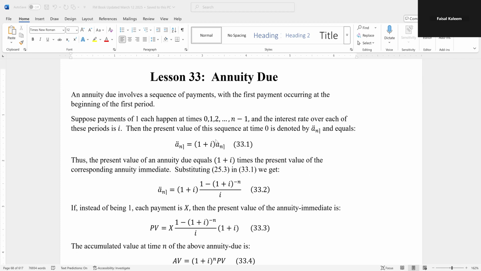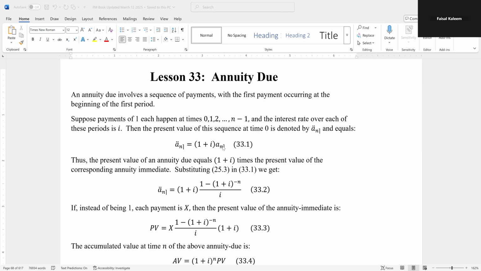Then the present value of this sequence at time 0 is denoted by a angle n with two dots over the a. And it just equals 1 plus i times the corresponding present value of the annuity immediate. So this is always the case about anything due.